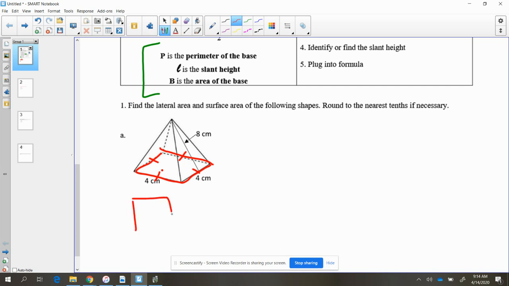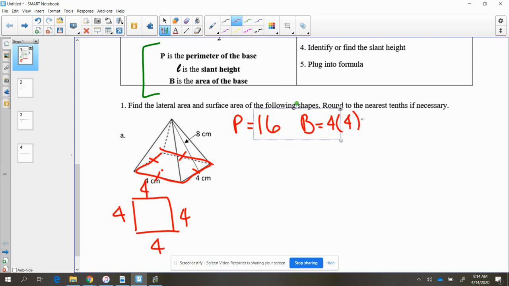So we have this base square here, and all four sides are 4, which means the perimeter of this base is going to be 4 plus 4 plus 4 plus 4, or 16. And the area of the base is going to be 4 times 4, which is also 16. Right, the difference would be units versus units squared.